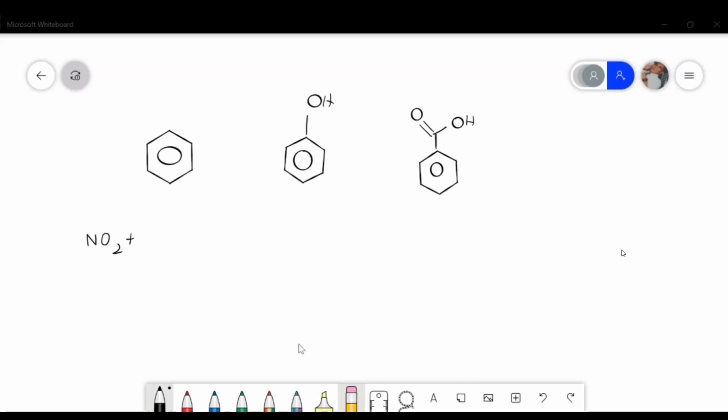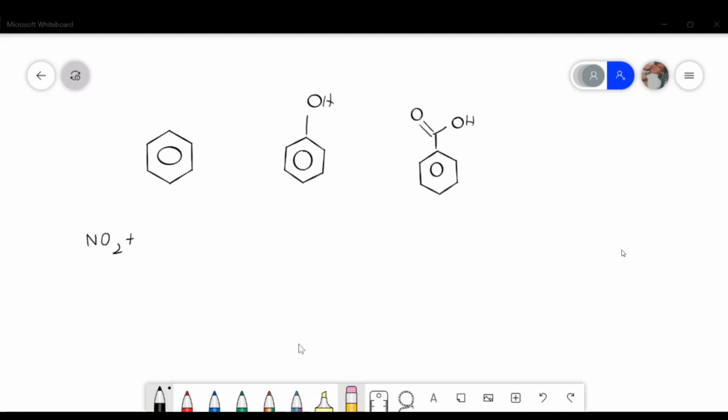So the best way to remember things for reagents is to always compare it with something else. You don't actually have to remember everything, just one thing in particular. Let's say we know that your normal benzene ring, like toluene, requires 55 to 60 degrees.